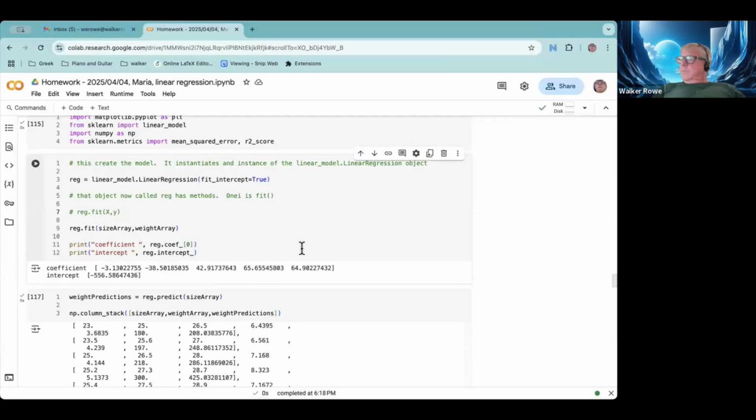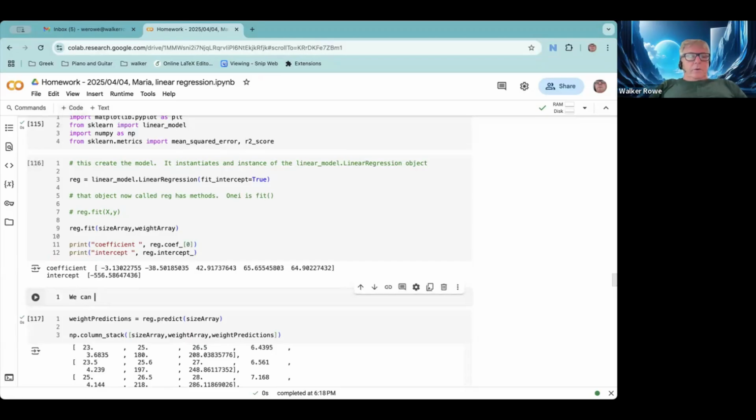Now, we cannot draw a picture of this line. Why can we not draw a picture of this? We can only draw pictures of one-dimensional, that's a line, two-dimensional, that's the Cartesian plane, and three-dimensional space objects.